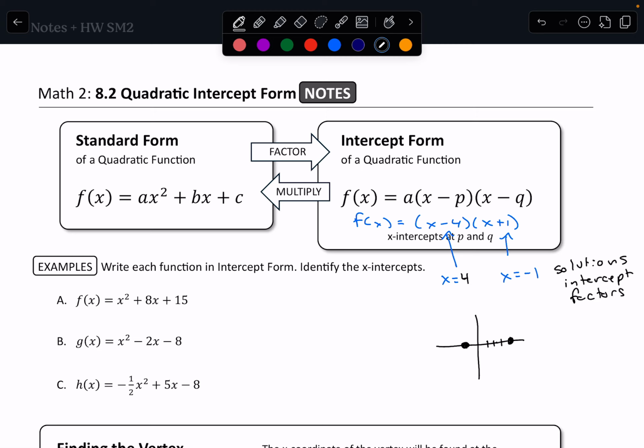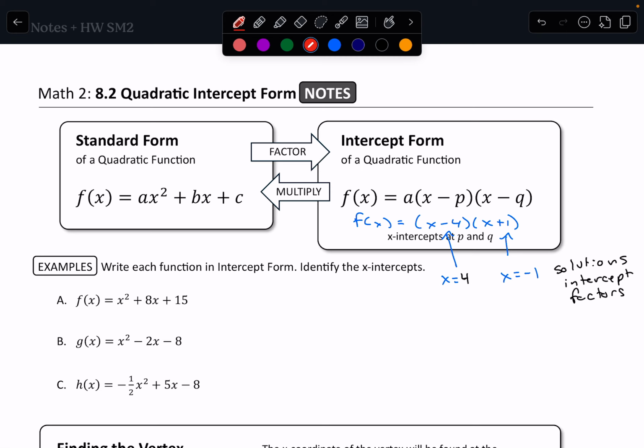But the point is, we know where I'm going to cross the graph. I don't know where the bottom of my function is just from looking at this, but I do know I am going to cross at negative 1, and I'm going to go back up and cross at positive 4. All right, so we like intercept form because it tells me where my intercepts are.